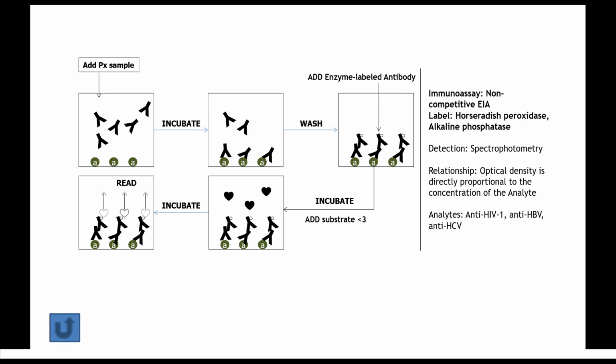Yung pinagkaiba lang talaga nila is primarily on the label that is used. Kasi sa chemiluminescent assay, the label used is a chemiluminescent substance. Luminol ang pinaka-common. With enzyme immunoassay, the label used is an enzyme, and horseradish peroxidase is the most commonly used enzyme label.